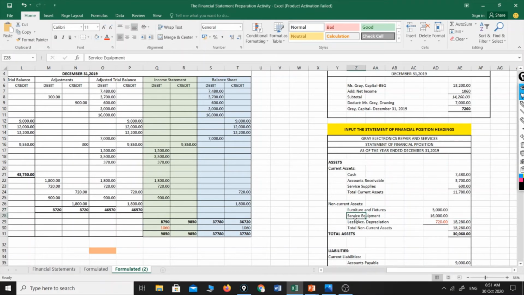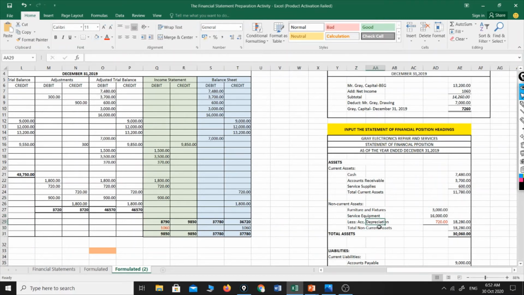You will also prepare a specification per asset, depending on what the accumulated depreciation below belongs to. For example, it belongs to the accumulated depreciation of furniture and fixtures, so you deduct it from 3,000. And for example, the accumulated depreciation belongs to service equipment, so you deduct it from 16,000, so that you can have the realizable or depreciable amount of this fixed asset.